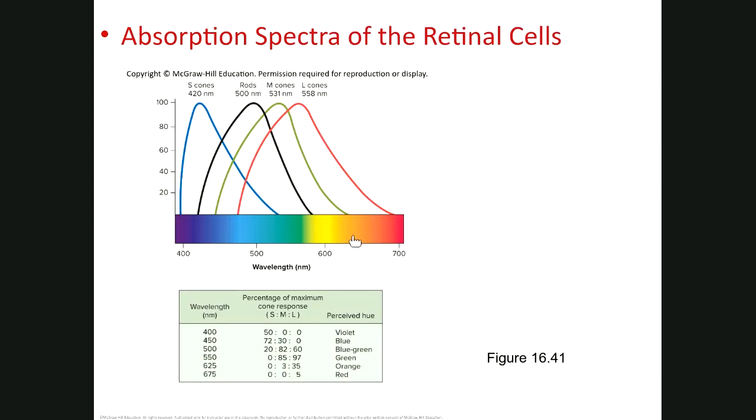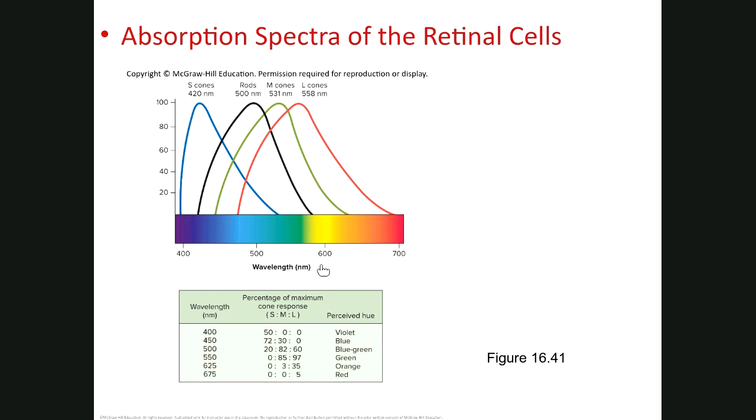All the way to 700 even, the average being 675, the peak of it. So therefore, you're able to capture the reds. Depending on the wavelength, the specific cone cells will be assigned to them.